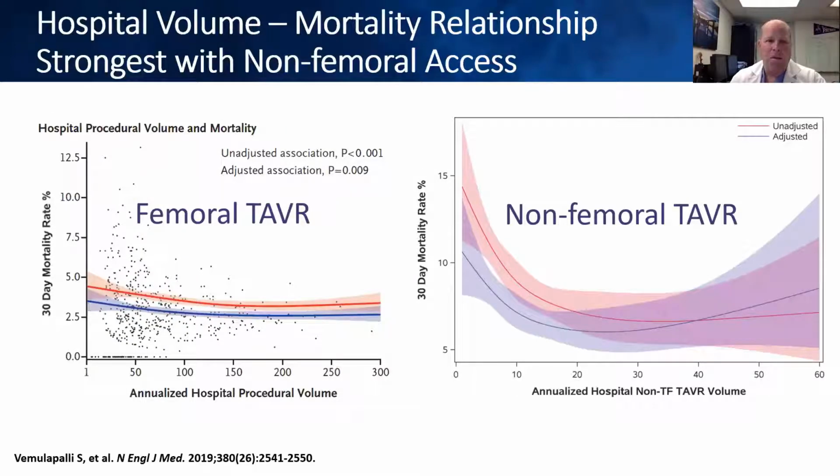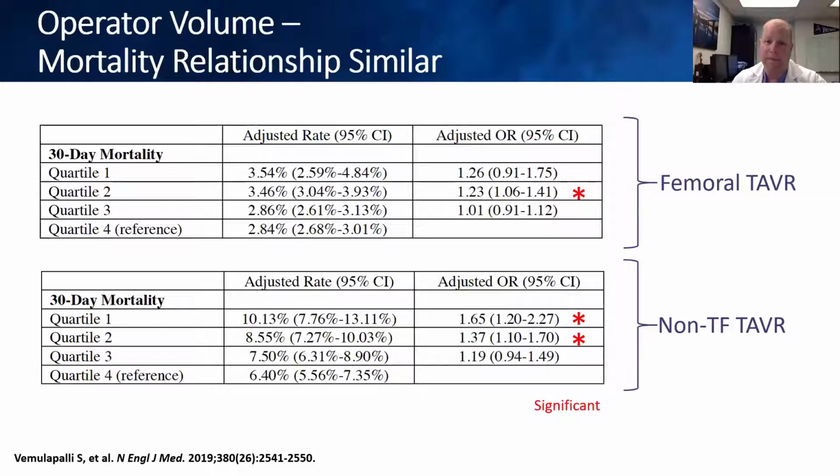And when you look specifically at the volume outcome relationships, the strongest volume outcome relationship is not in femoral TAVR, it's in non-femoral TAVR. And that's going back to that same New England Journal paper. So now you've got something that we're doing infrequently, but it has the highest relationship between volume and outcomes. Particularly, this is with mortality.